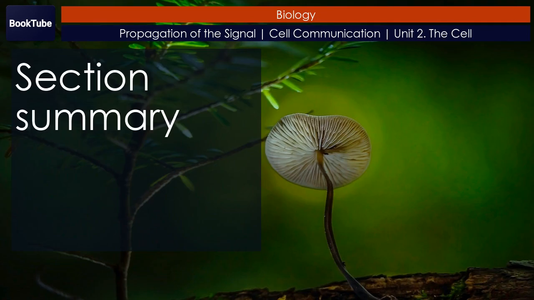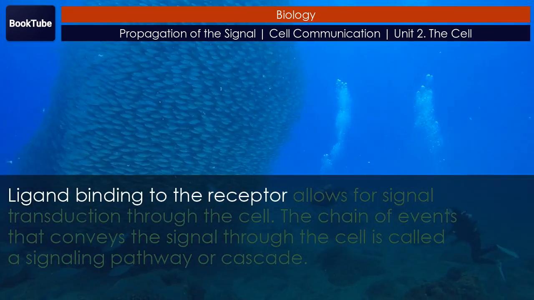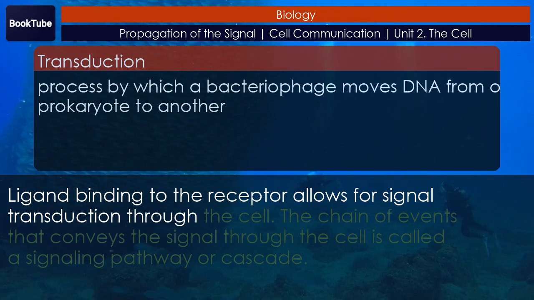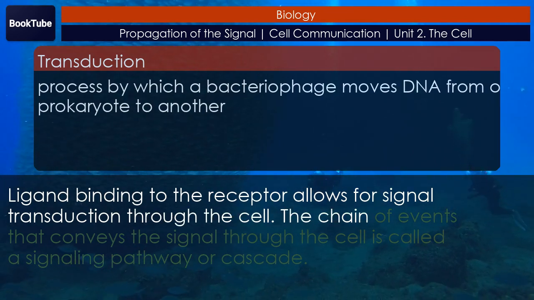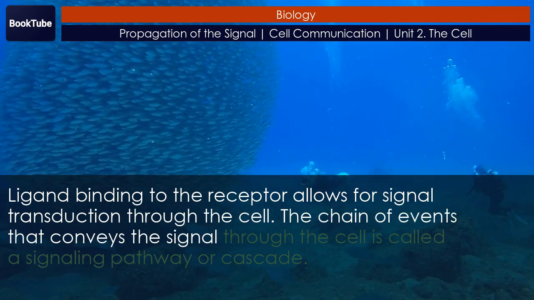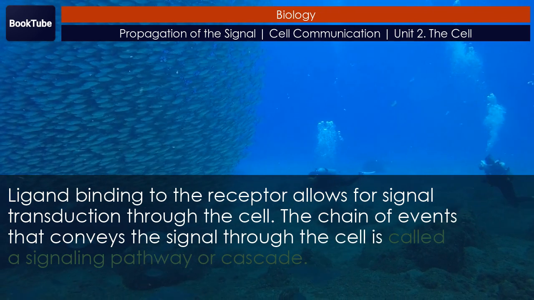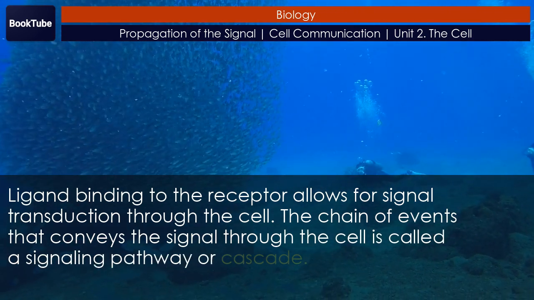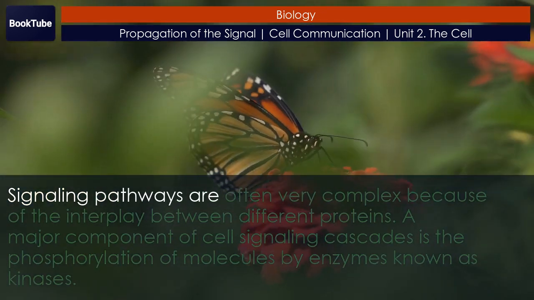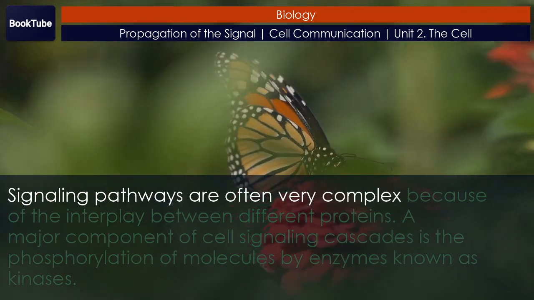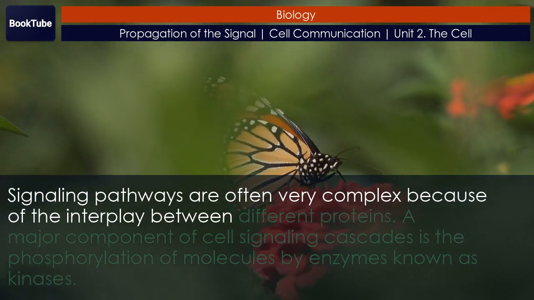Section summary. Ligand binding to the receptor allows for signal transduction through the cell. The chain of events that conveys the signal through the cell is called a signaling pathway or cascade. Signaling pathways are often very complex because of the interplay between different proteins.